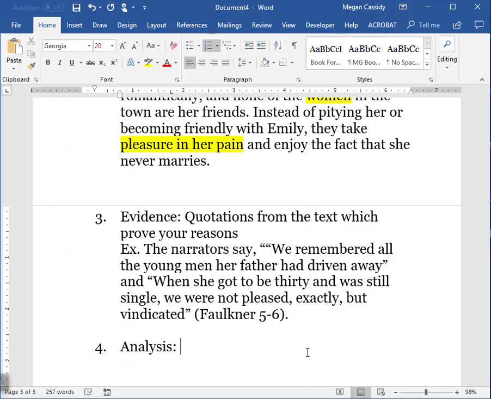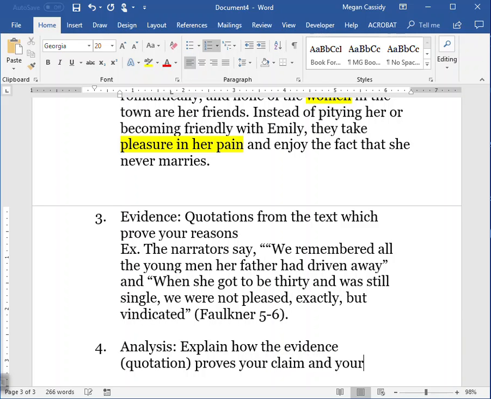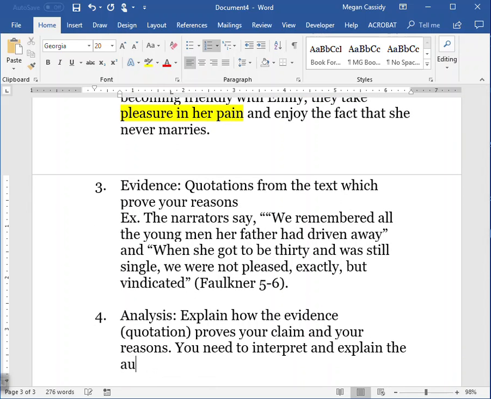And in the analysis, you need to explain for your reader how the evidence, how the quotation proves your claim and your reasons. And you need to interpret and explain the author's words.